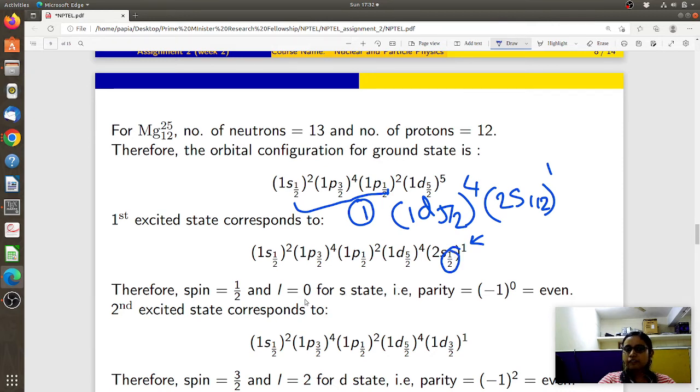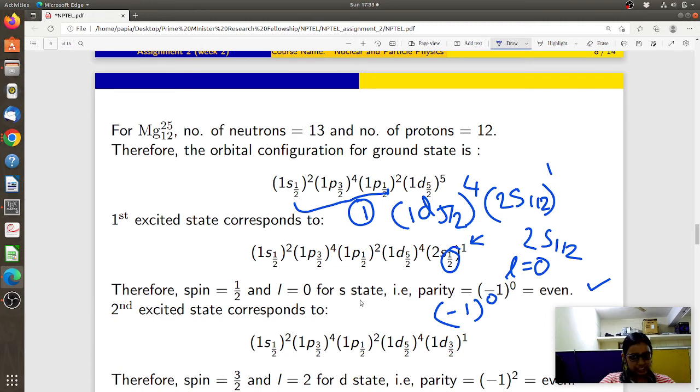And for an S state, L equals 0. So the parity will be (-1) to the power 0, which is even parity. So the first excited state corresponds to spin 1/2 and even parity. I think you can all understand the spin and parity for the first excited state.